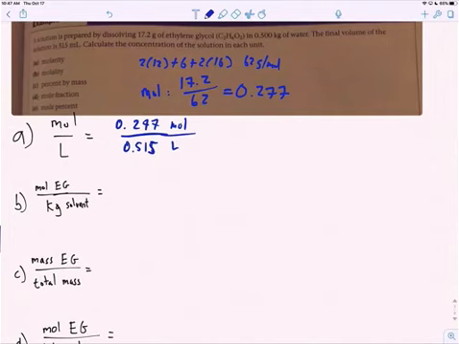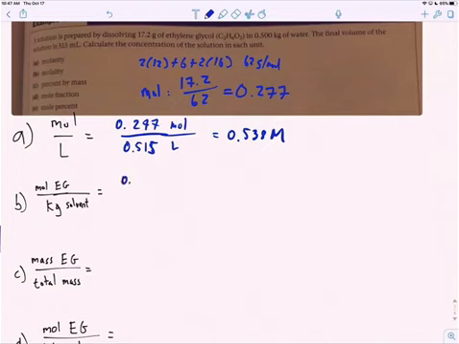That's how many liters are in 515 milliliters, so divide by 1,000. This is equal to 0.538 moles per liter.